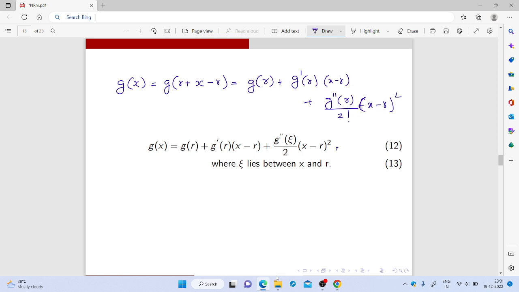So there will be an infinite number of terms. If we truncate this series after the third term, in order to account for that, we will write it as g double dash of psi by 2 into x minus r whole square, where psi lies between x and r.